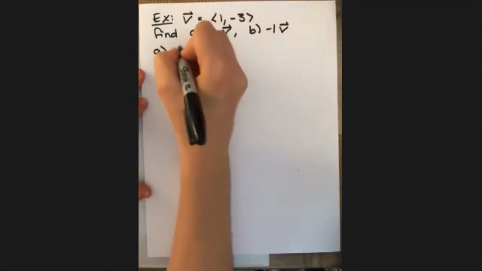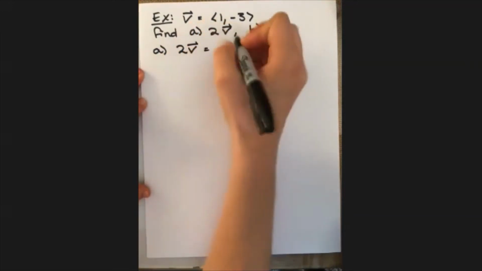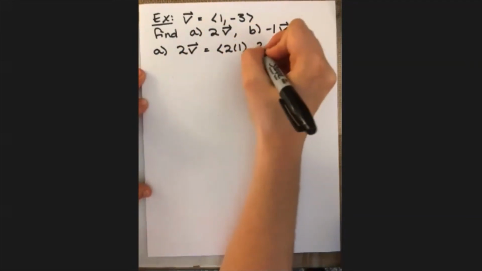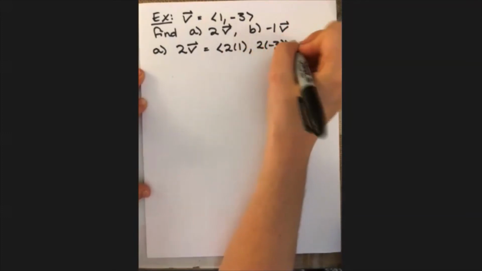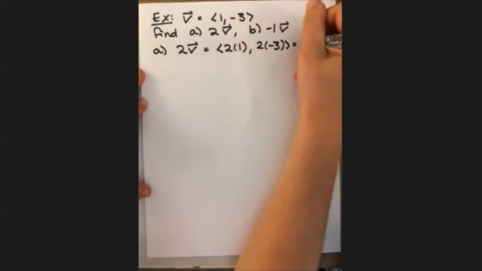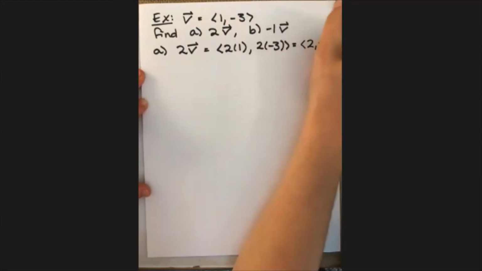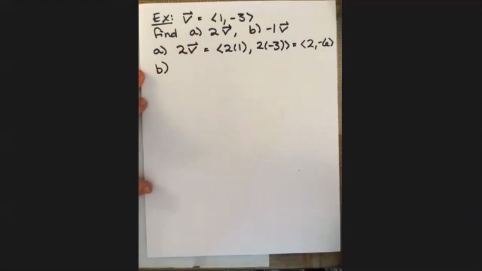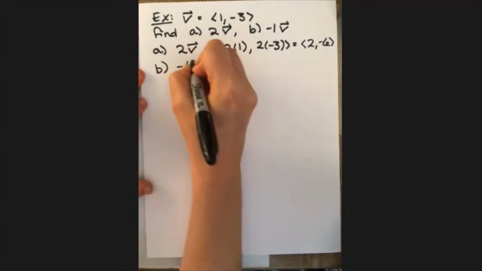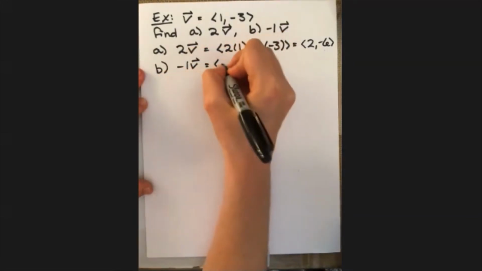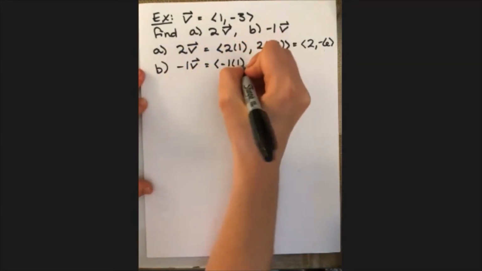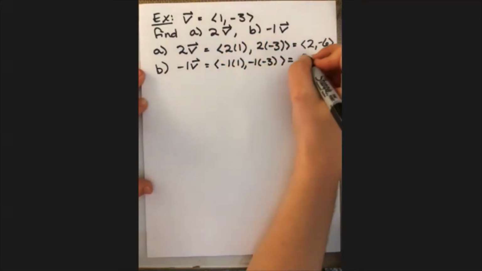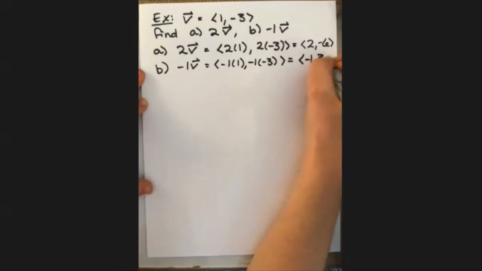So in case A, 2 times v, all we do is take the 2 and multiply it by each of the components in v. So 2 times 1 and then 2 times -3. So 2v is just going to be equal to <2, -6>. In our second example, -1v, we're going to take that -1, multiply it by both components, and we're going to get <-1, 3>.